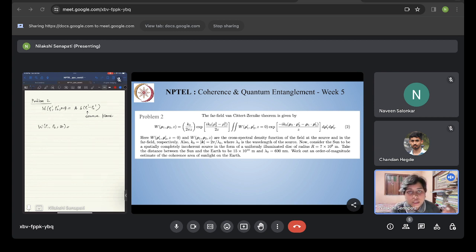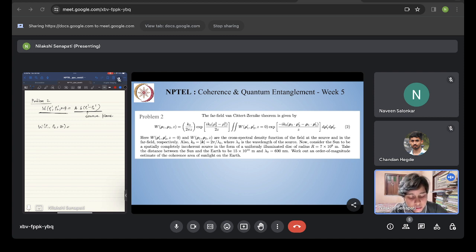What equation we have is W(ρ1, ρ2, z) in terms of W(ρ1', ρ2', z=0), and it is told to you that it is spatially completely incoherent at the source plane. Source, like completely incoherent source, that means it is incoherent at source plane. That means at z equal to 0, we can write W(ρ1', ρ2', 0) in terms of a delta(ρ1' - ρ2'), because we know that for a completely incoherent source we can write it in terms of Dirac delta, that we have already seen in various cases.